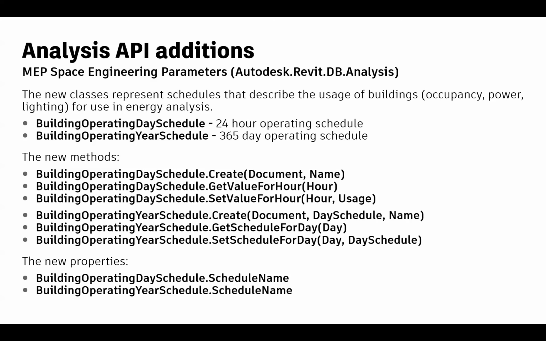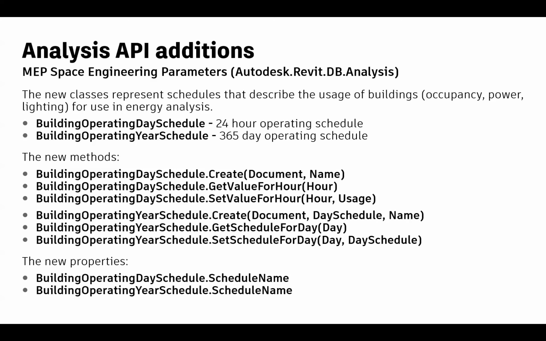In the previous versions of Revit, it was possible to have only the operating day schedule, but this is not realistic for energy analysis because during different time of year, day schedules could be different based on the purpose of the building.